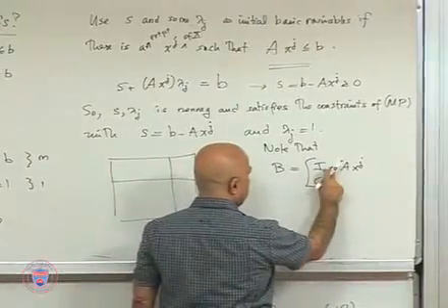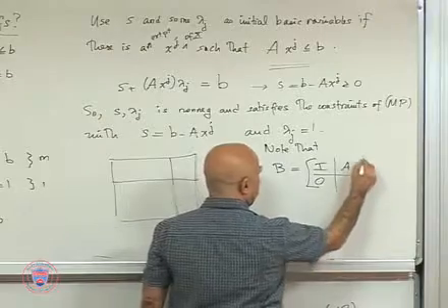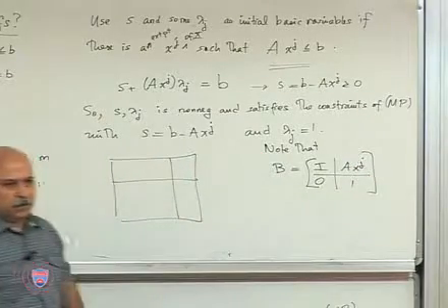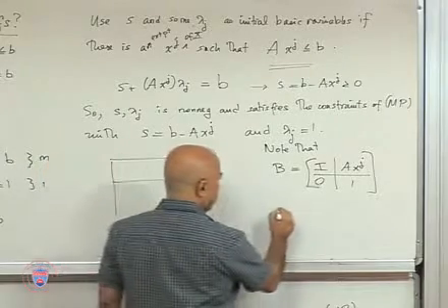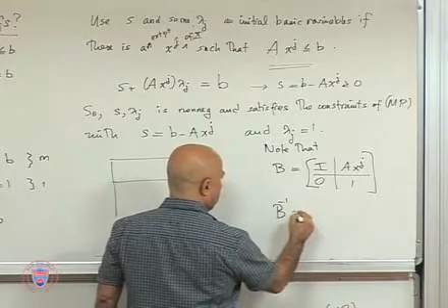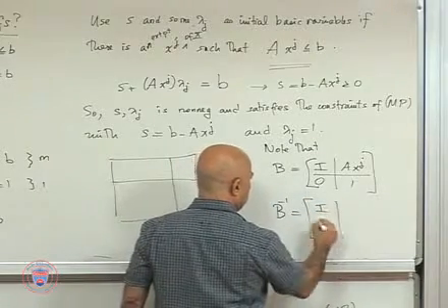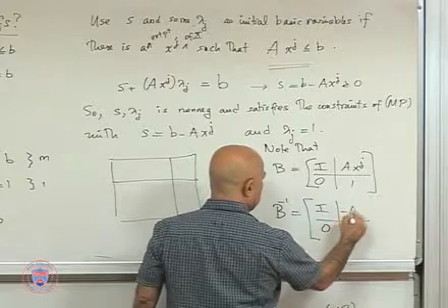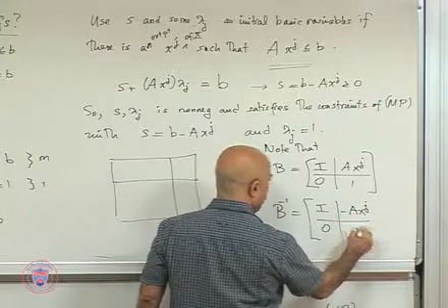We have 0 here. We have a 1 here in that column. So B inverse is easy to get. It will have identity, 0, minus axj and 1.